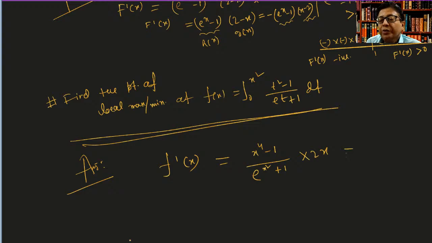So this is going to be 2x, x square minus 1, x square plus 1 by e to the power x square plus 1.